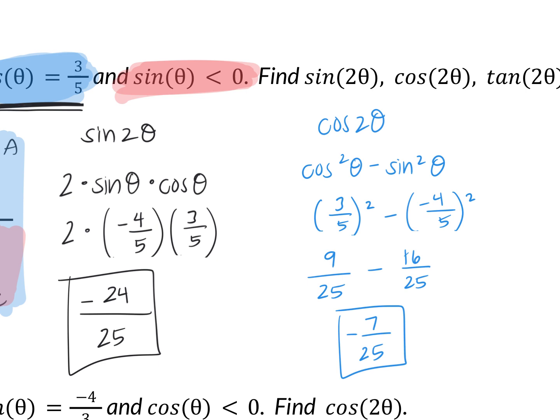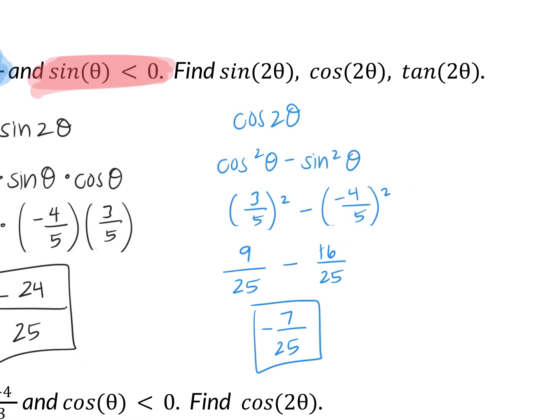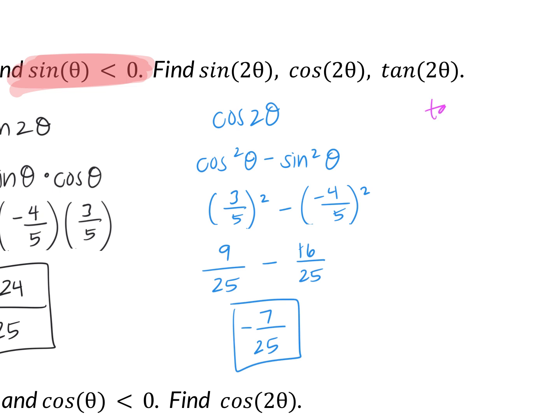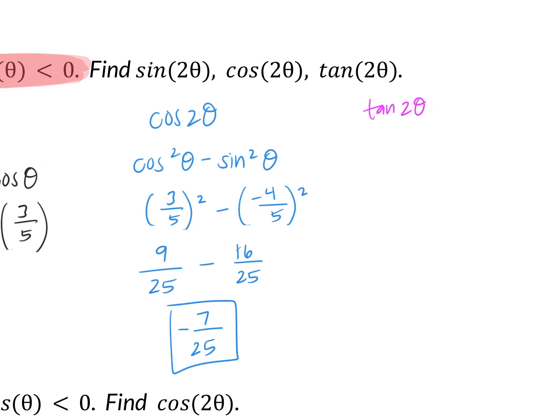Okay, last one up there is tangent of 2 theta. So if I did tangent of 2 theta, again, I can use my formula. Tangent of 2 theta is equal to 2 tangent of theta over 1 minus tangent squared of theta.